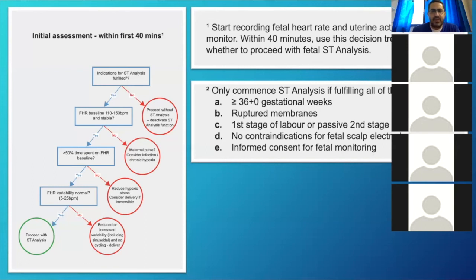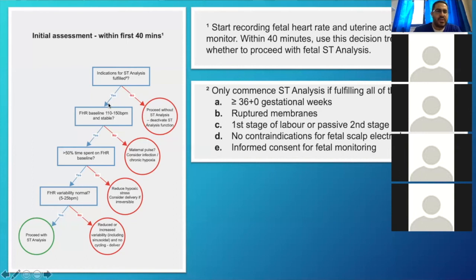So it has to be started in the first stage when baby's happy. And we should make sure that there are no contraindications for applying a fetal scalp electrode to start with, so there's no risk of infection and no risk of bleeding from this baby, before we actually start putting the clip on.